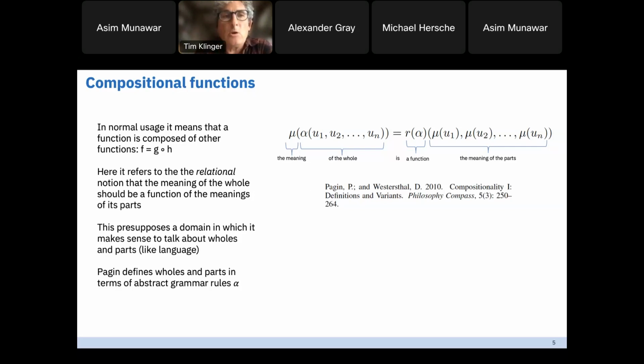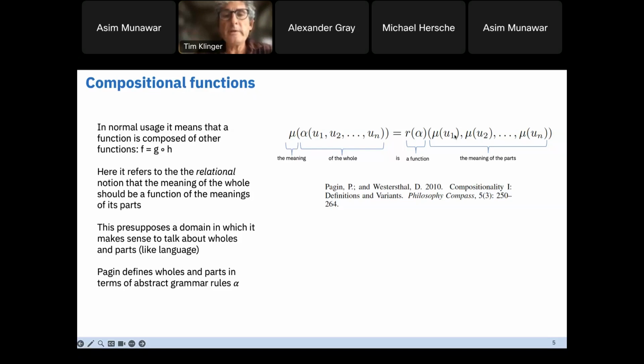There's a notion of a compositional function, and this is different from the usual idea of compositionality, that F is composed of G composed with H. This is a relational notion that says the meaning of the whole should be a function of the meanings of its parts. Meaning here comes from the linguistic literature. It really means our model. Mu is our model. What we would like is that when we apply it to a whole thing, it's a function of the meanings of the parts of that thing.